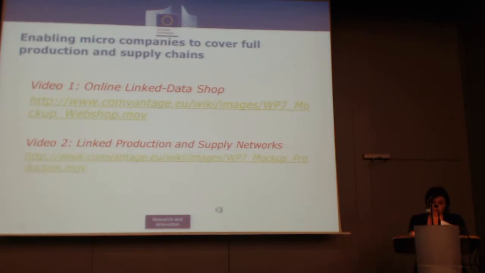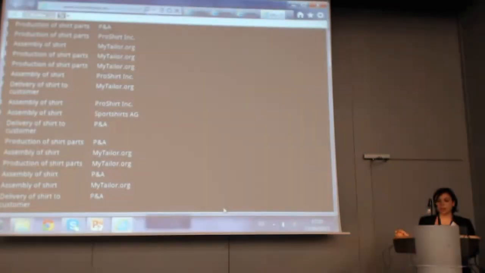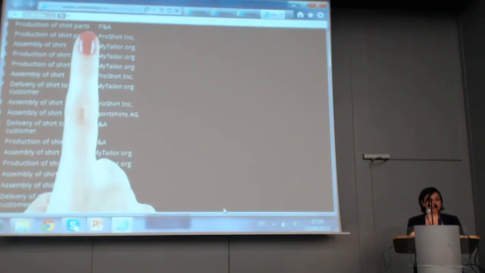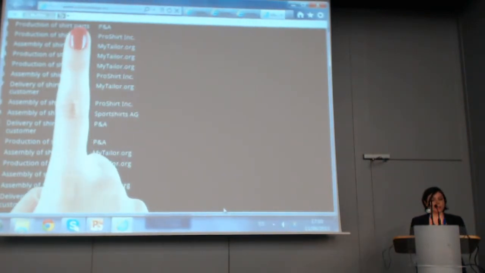In the next video, we're going to show you different stages of production that the supplier will be able to choose among. So for example, if the video ever comes out, he can choose who will be doing the embroidery of the logo on the T-shirt, or who will be producing some parts of the T-shirt.